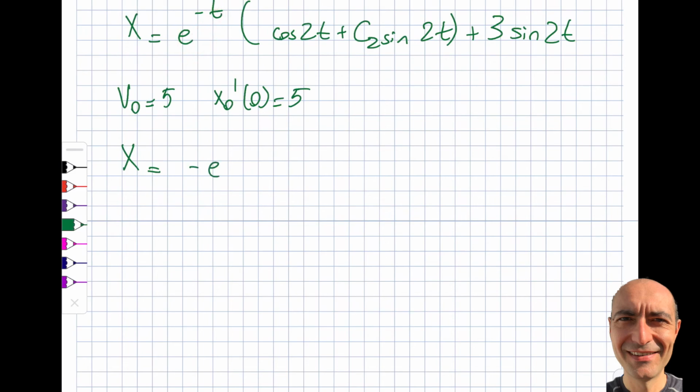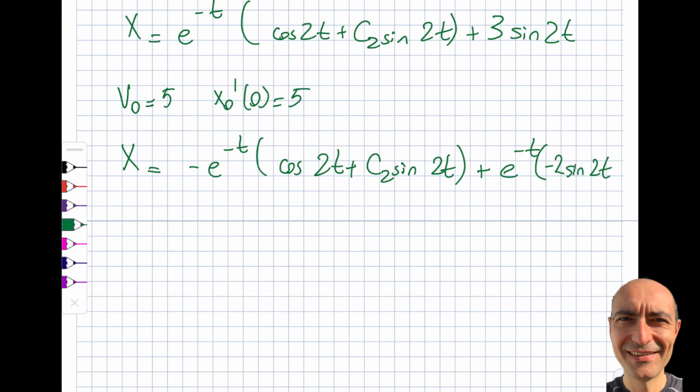You're going to have minus e to the minus t, and the second term will stay exactly as it is, sine of 2t, right? But then I'll have plus the derivative of that parentheses, so it's going to be minus 2 sine of 2t plus 2 times c2 times cosine of 2t. And what about the very last term? Let's not forget that. That's going to be 6 times cosine of 2t.